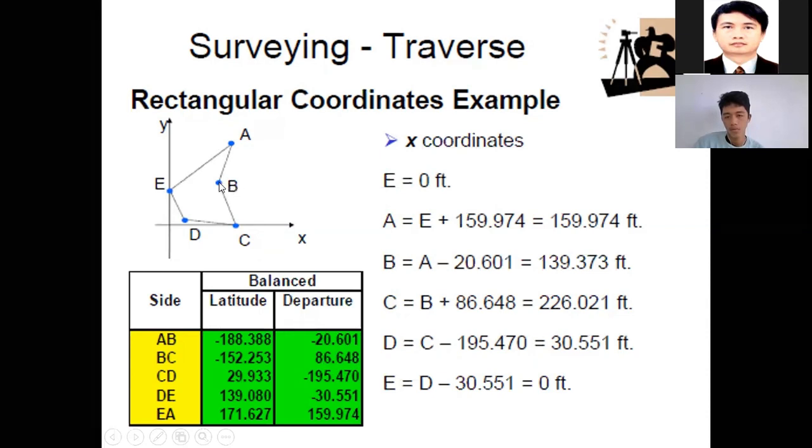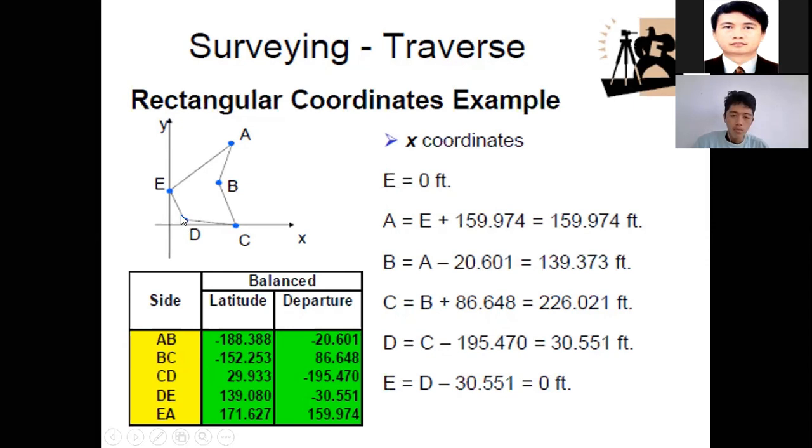So it should be larger than point B, the x component. The next point is point D. We need to subtract this component from C to D. From this table, we're subtracting this value, negative 195.47. So this gives us 30 na lang, no?